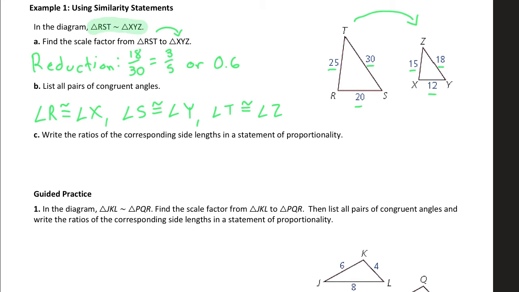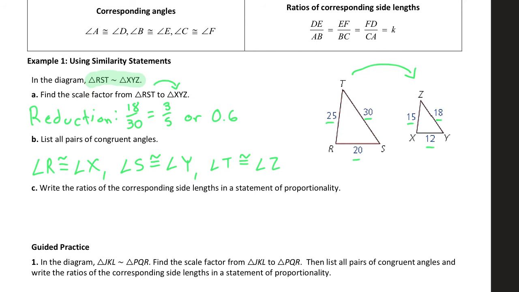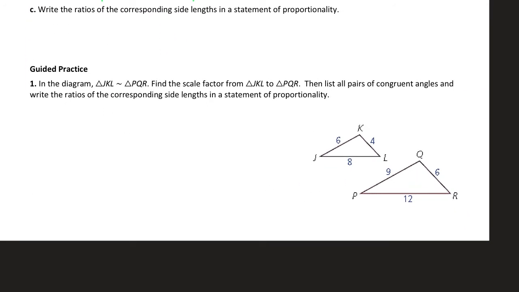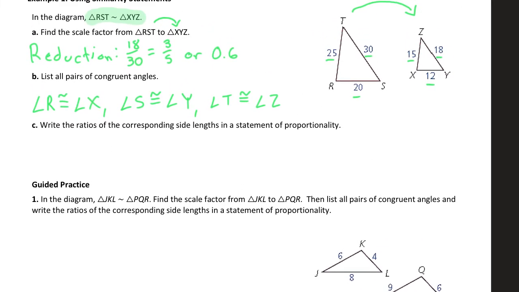And then the corresponding side lengths in a statement of proportionality. That's from what was shown right here, writing each of these pairs of side lengths as a ratio, okay? I should keep our similarity statement up there.